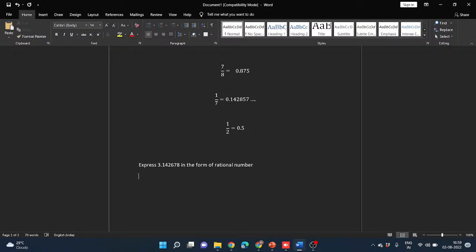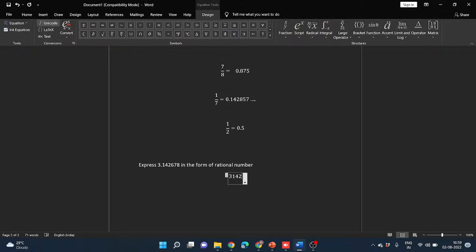So in this case, what we are going to do is first remove the decimal point and write the number as 3142678 divided by a suitable power of 10, and hence it has become a rational number.